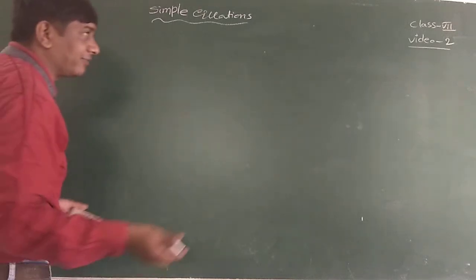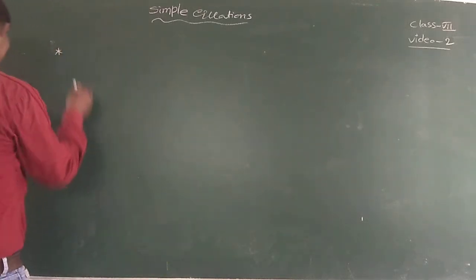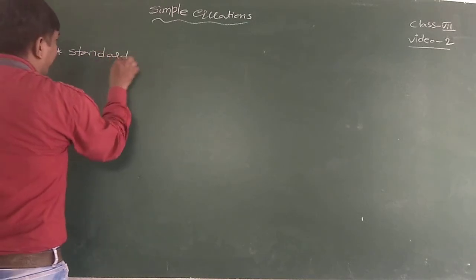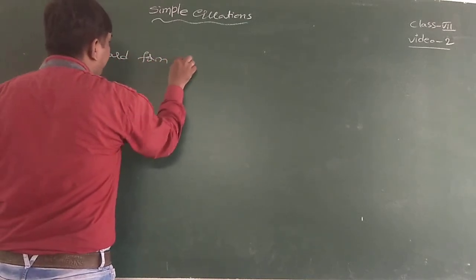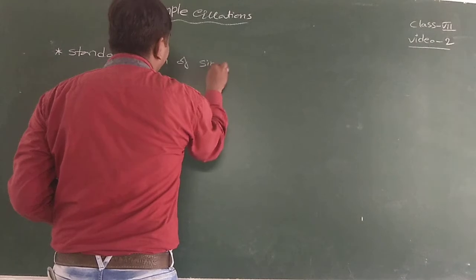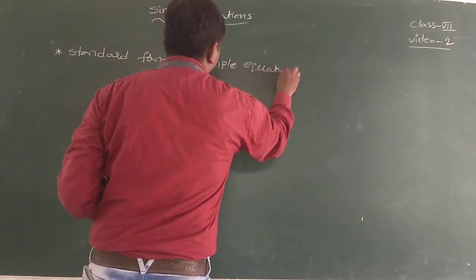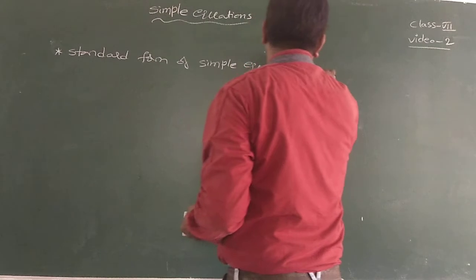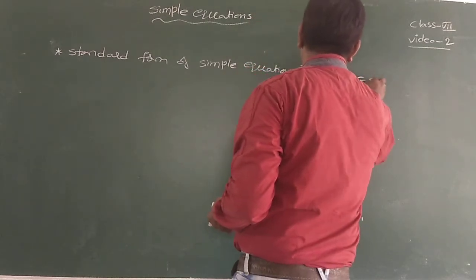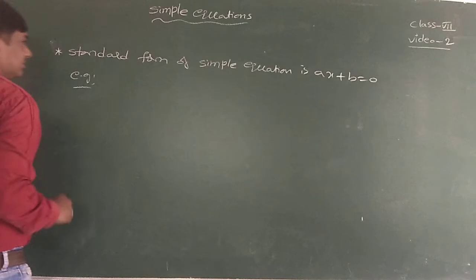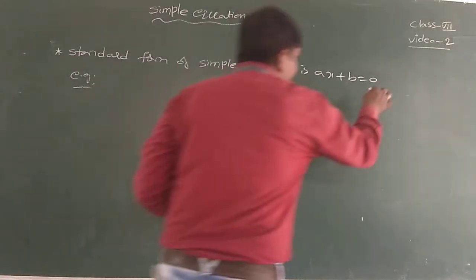I already gave the general form. The standard form of a simple equation is ax plus b is equal to 0, where a is not equal to 0.